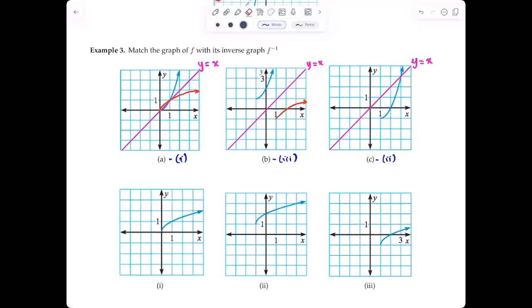So again, the graph is symmetrical with respect to the line y equal to x. So A is 1, B is 3, and C is 2.